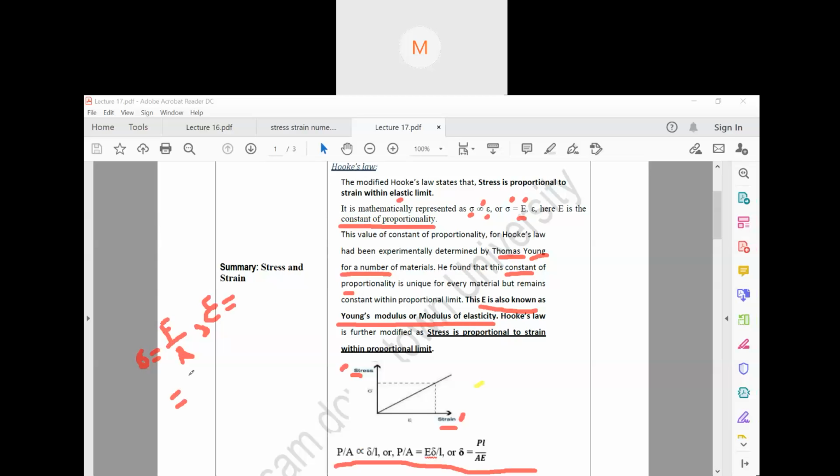We know F equal to P. That means denoting force, we can either denote it by F or P. So this is P by A. Okay, so this is force per unit area. And strain means del L, which means change in length.